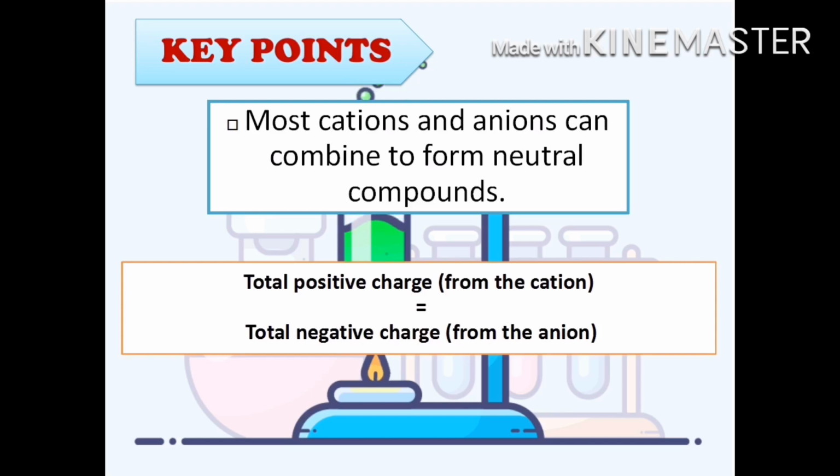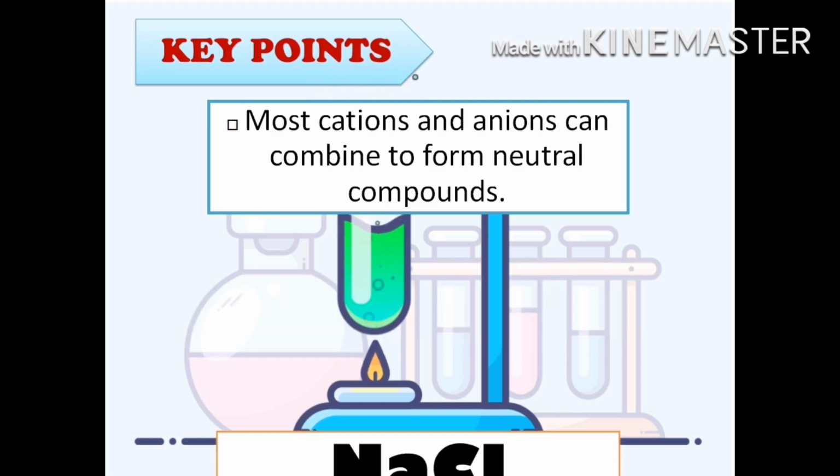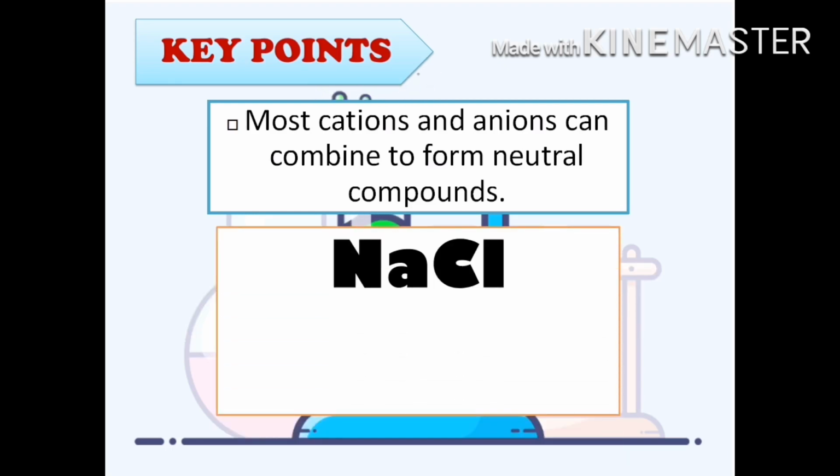Let us say, for example, this ionic compound, NaCl. NaCl is an electrically neutral ionic compound because sodium, our cation, has a charge of 1 plus, and since there is only one atom of sodium present, the total positive charge is equal to 1 plus. And chlorine, our anion, has a charge of 1 minus.